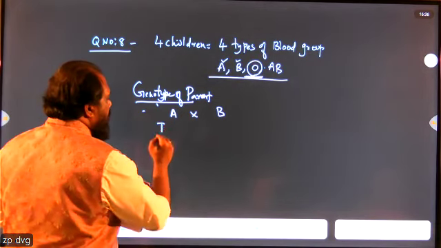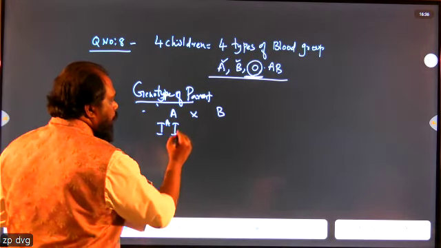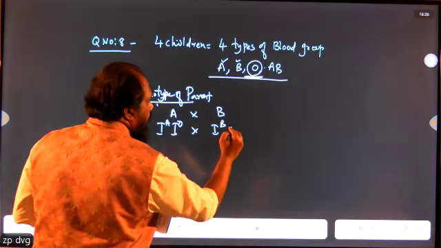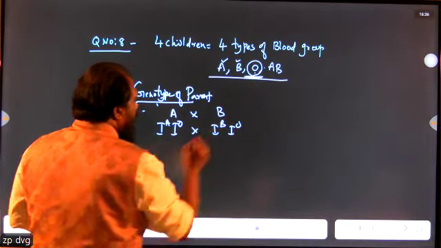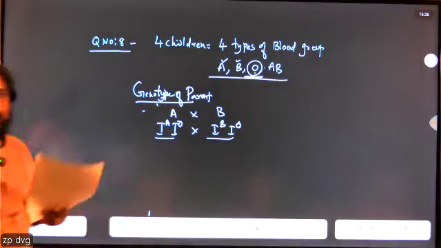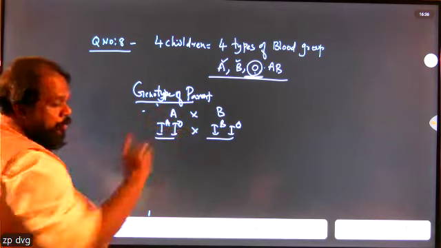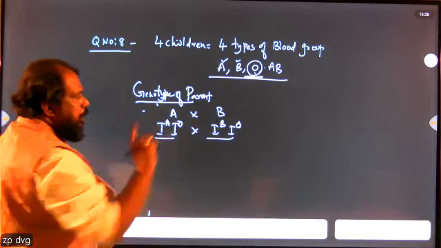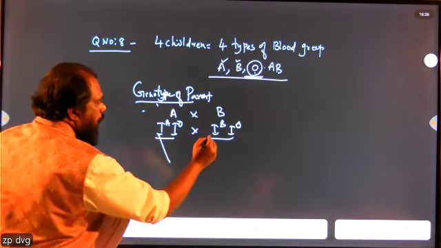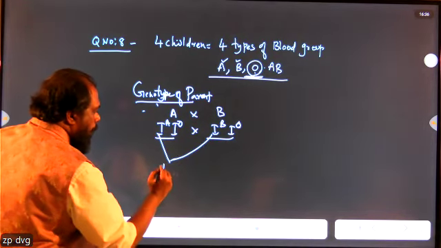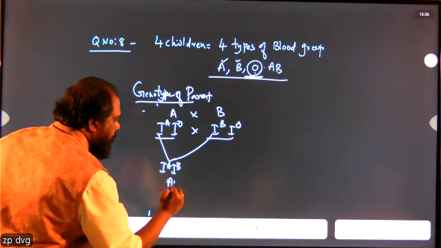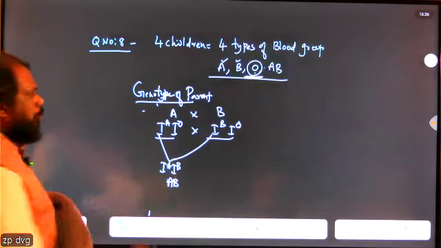One parent genotype may be IAIO crossed with IBIO, because O is there. So obviously both will have the heterozygous condition. Understood now? Both cannot be homozygous. Now, hope you remember, IAIB gives AB blood group.